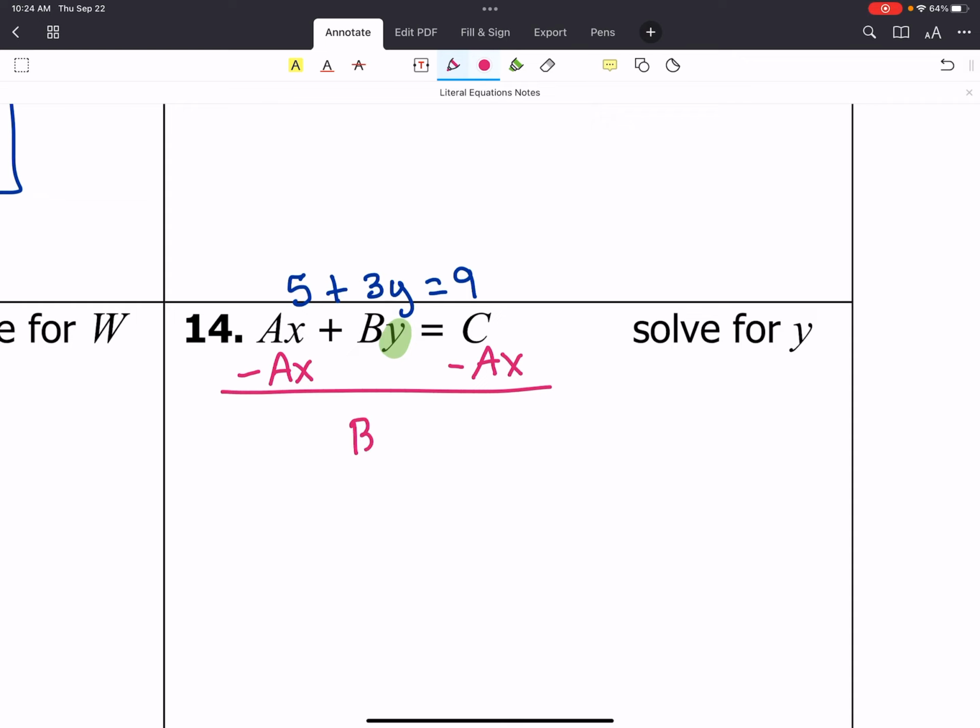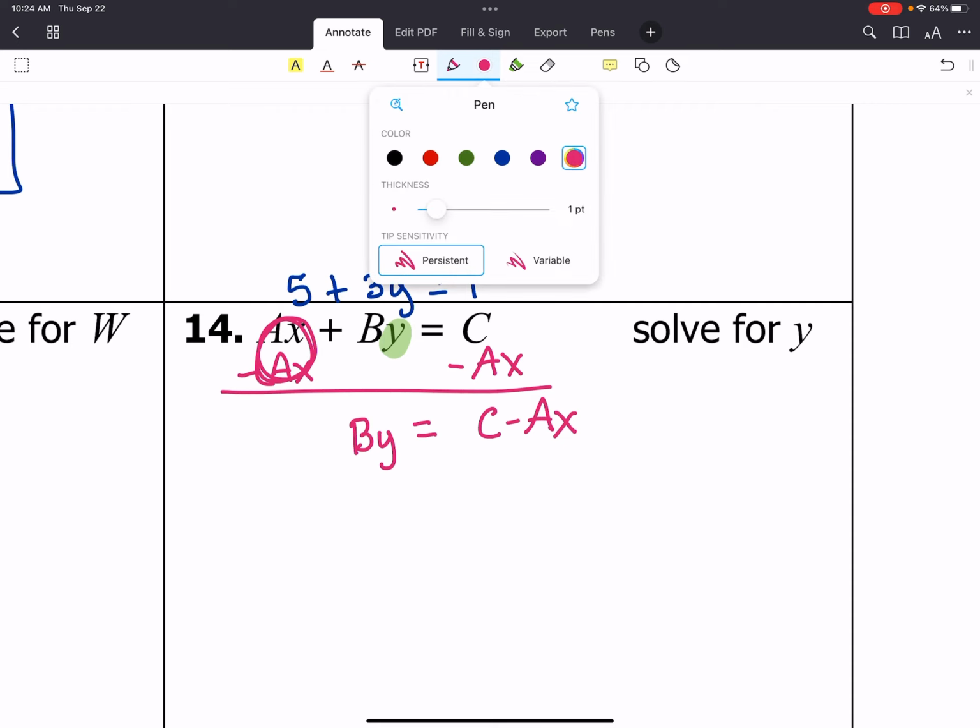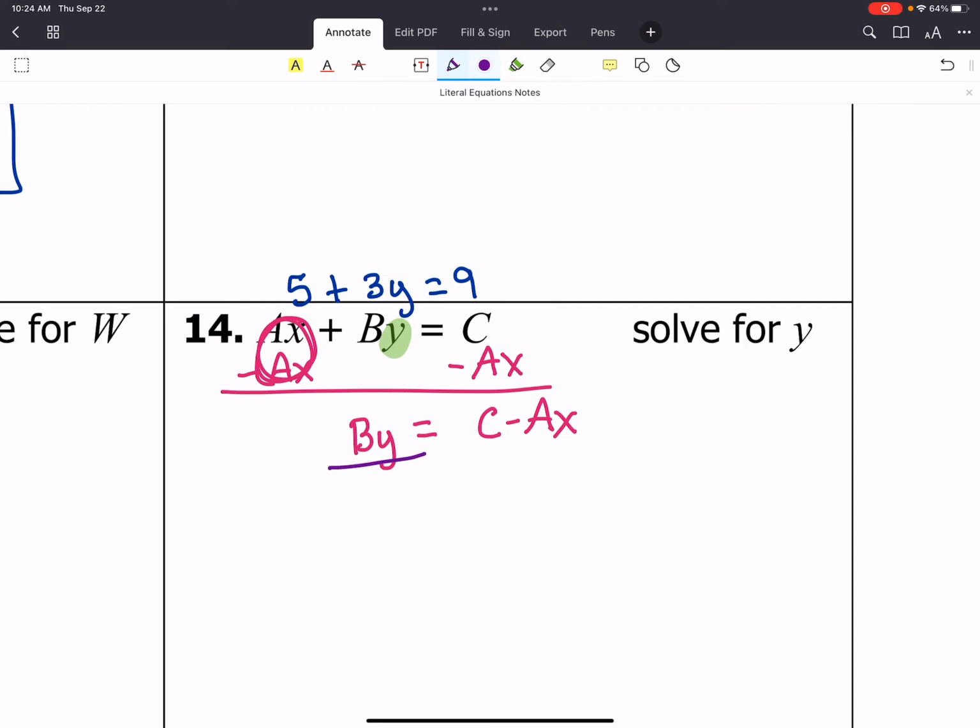That leaves me by, because this makes 0, that's what I wanted, equals c minus ax. And if I'm solving for y, now I can see I have b times y, the inverse of multiplication is division. So that gives me y equals c minus ax over b.